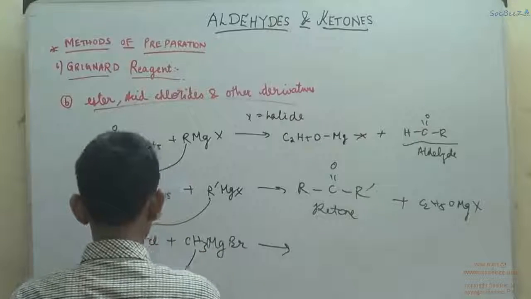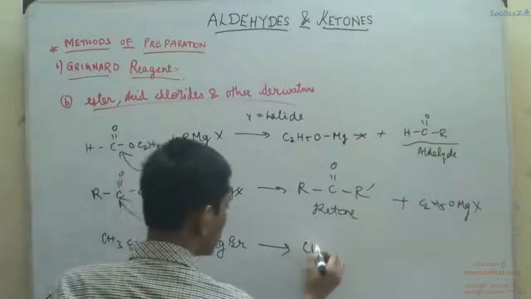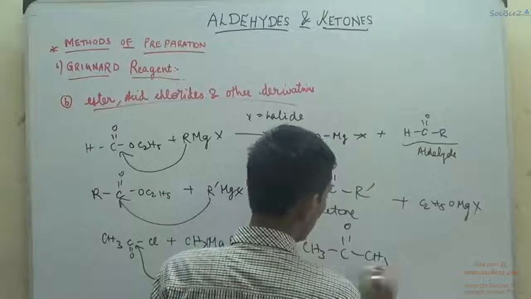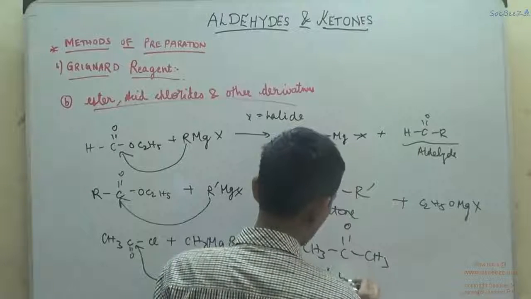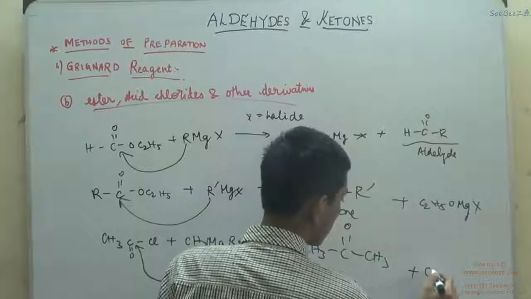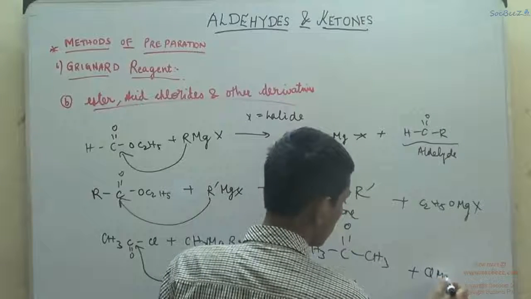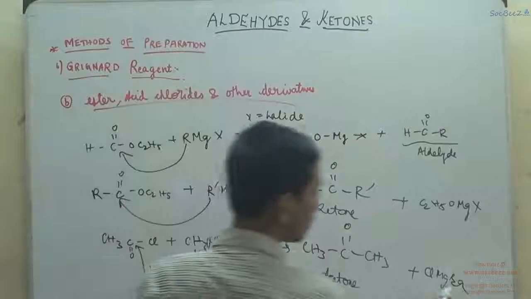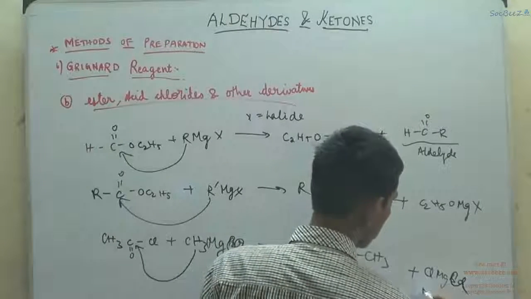What happened? CH3 goes and attacks here, so you will get CH3 C double bond O CH3, which is your acetone, plus you will get ClMgBr. Here if it will be Cl, you will get MgCl2.